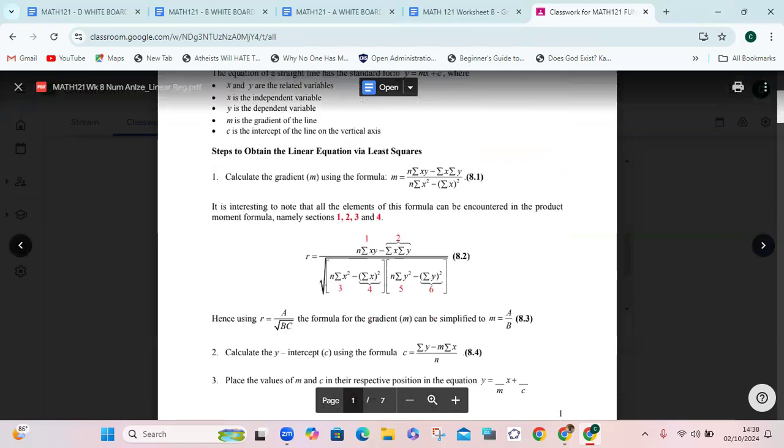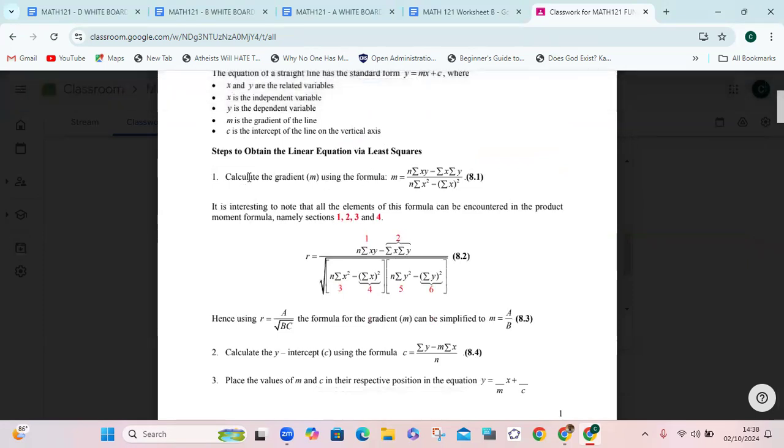So the steps to obtain the linear equation via least squares: first, we have to calculate the gradient using the formula m is equal to n times the sum of xy minus the sum of x times the sum of y over n times the sum of x squared minus the sum of x all squared.